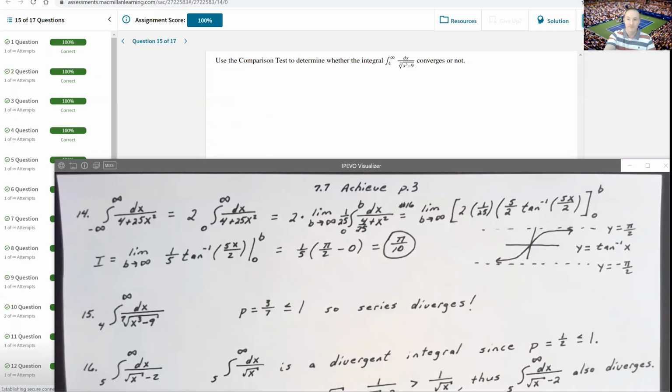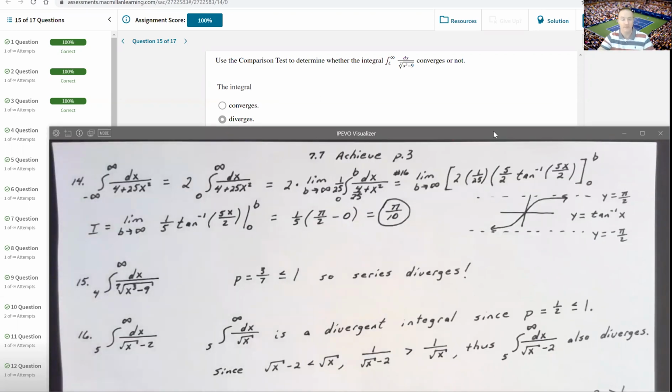It is. The next one is, again, one of those quick problems I'm just wanting you to think about. There's really not any work involved. It's the integral from 4 to infinity of 1 over the 7th root of x cubed minus 9. Okay, so whenever it's saying use the comparison test, it's wanting you to think about the power of p that this is equal to.